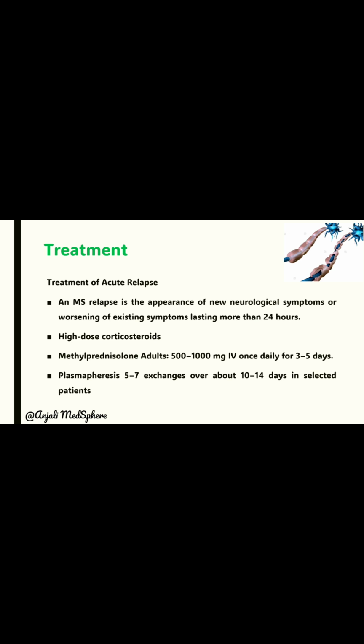The remaining blood is mixed with a replacement fluid, such as saline or albumin, and it is replaced back into the patient's body. Then the symptoms will improve because all the toxins and antibodies that are attacking the patient's normal tissue are removed. So they will get better relief.